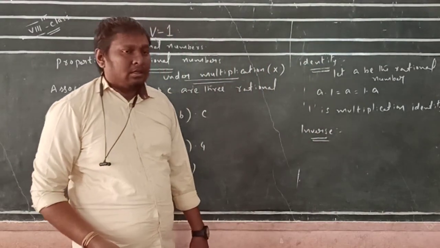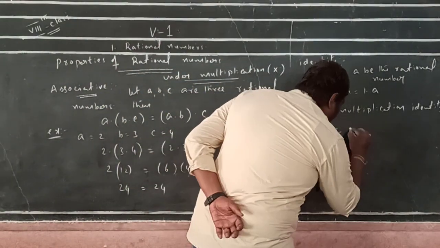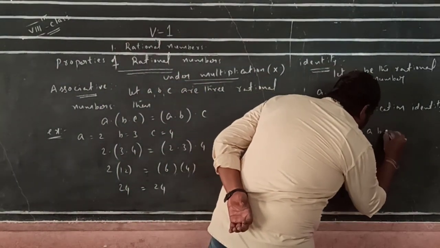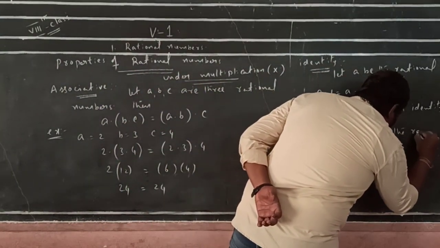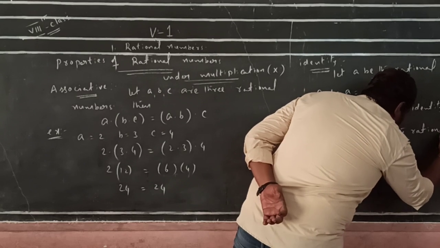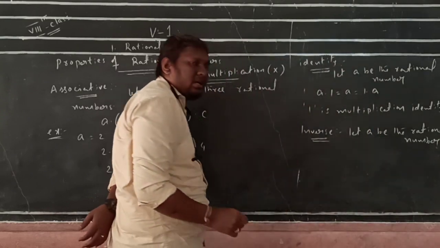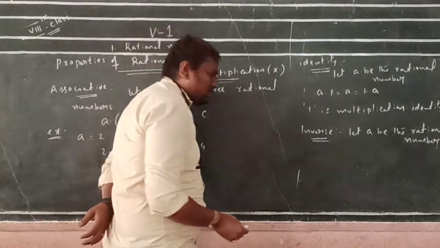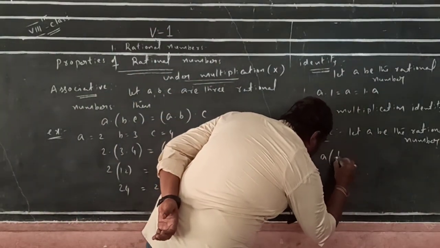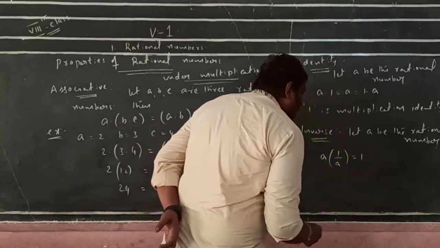Next one is inverse. Here, let A be a rational number, then the condition is A into 1 by A is equal to 1.